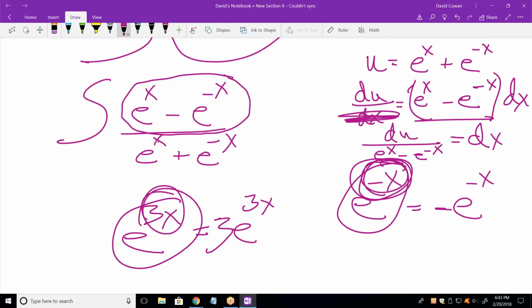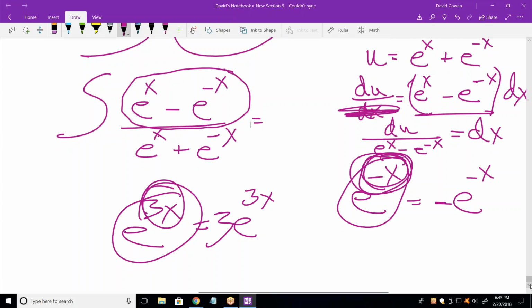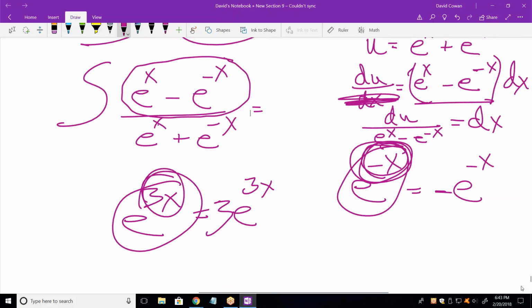In other words, let me go down a little bit here where I have just a hair worth of writing space. So now I've got this. Here's my numerator, and I always write it out just to show you why it's disappearing. There's that numerator.